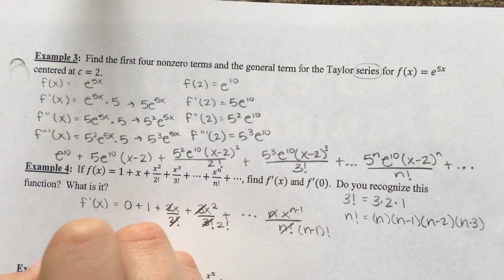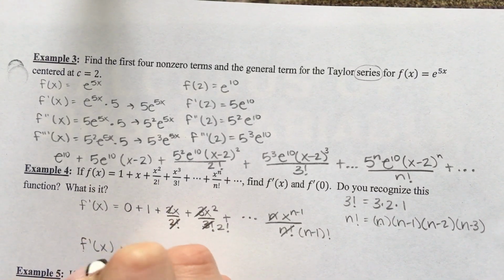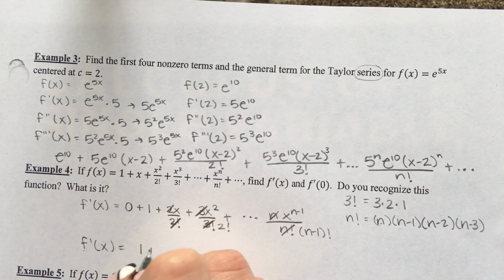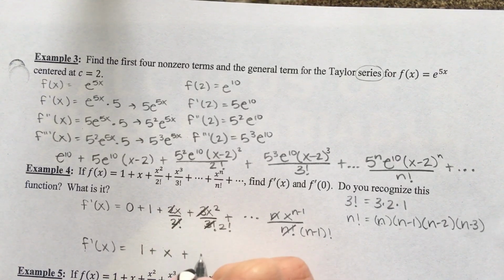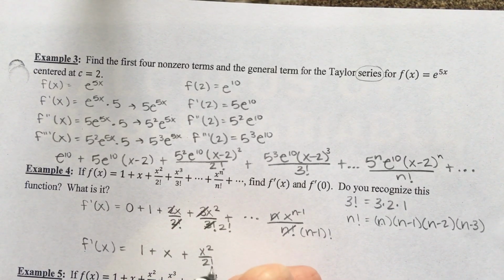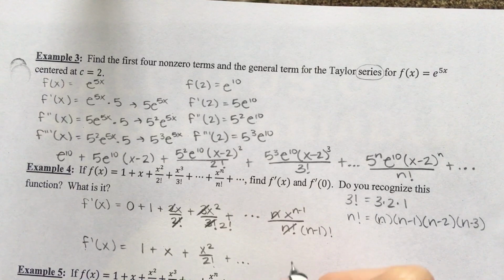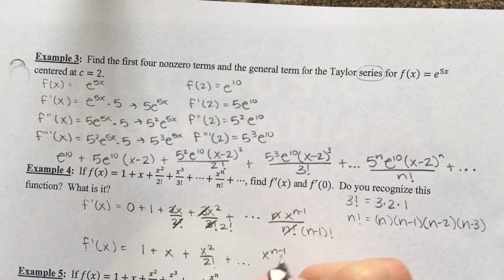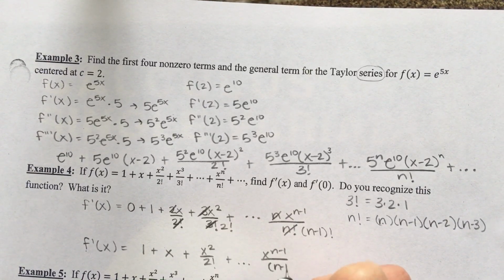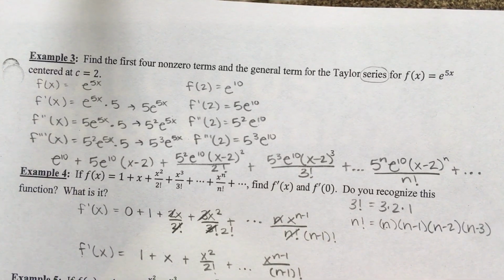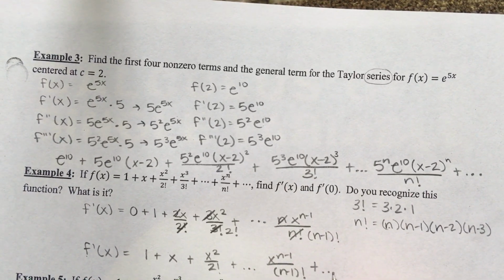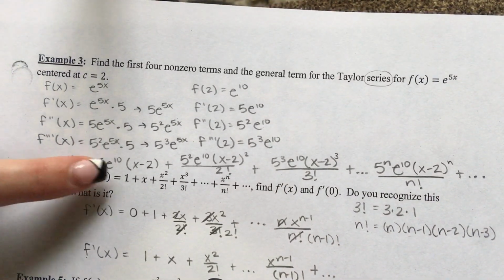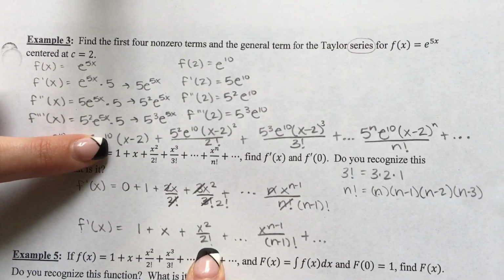And so what I really have here for my derivative is 1 plus x squared over 2 factorial, and then x to the n minus 1 over n minus 1 factorial, plus dot dot dot. So if you compare this with the first one, these are the same.